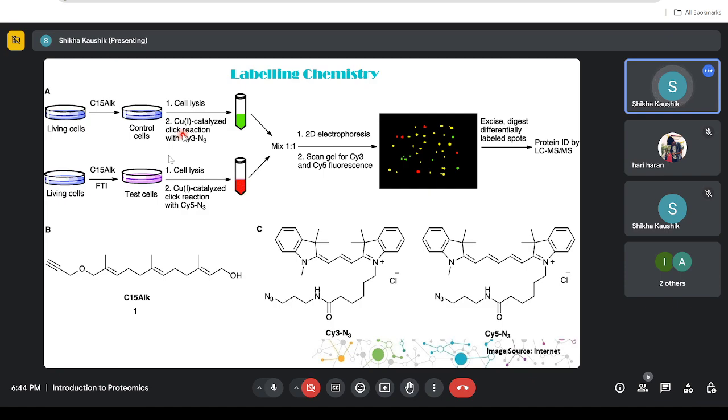You make the protein lysate, and then you make them react with a particular dye. So here you're using CY3 dye, and here you are using CY5 dye. So you have one control sample, one test sample, and when you do the 2D, you will mix them together. The test sample proteins are labeled with red dye, and your control sample proteins are labeled with green dye.